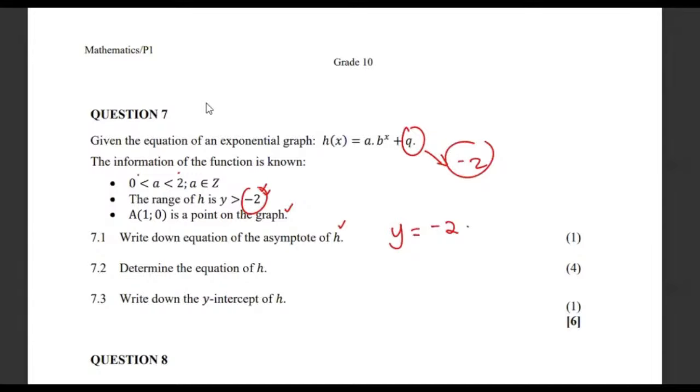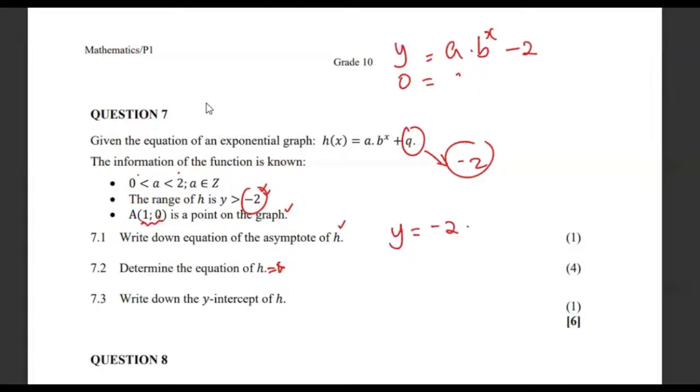Then they want the full equation. So let's do the substitution. So a times b to the x minus 2 is equal to our y or h of x. Then they told us that this point is on the graph, so where x is a 1, y is a 0. Okay, how do we simplify that? So if y is a 0, but will that even make sense?